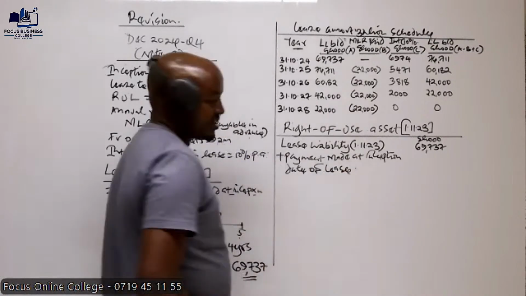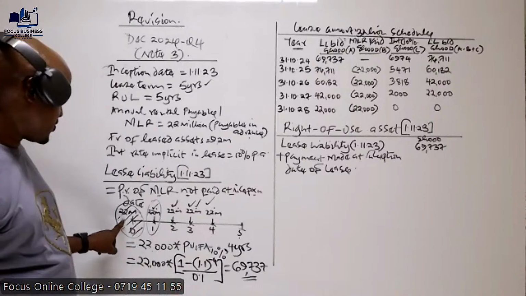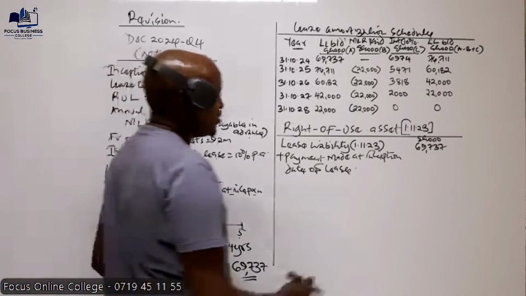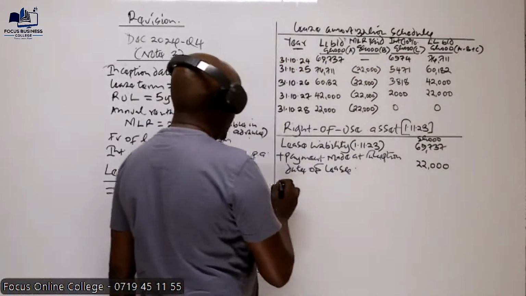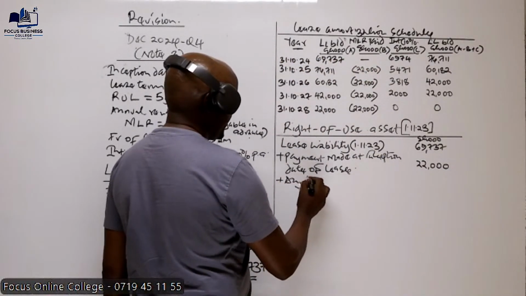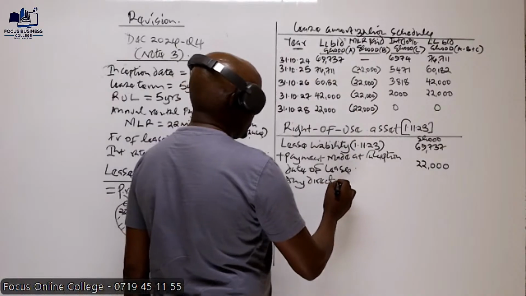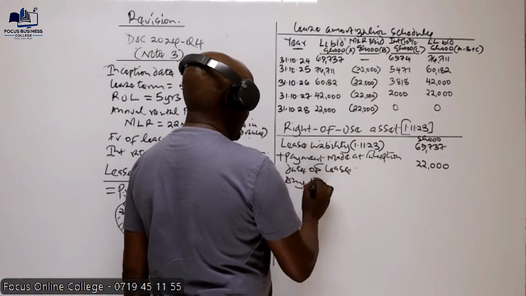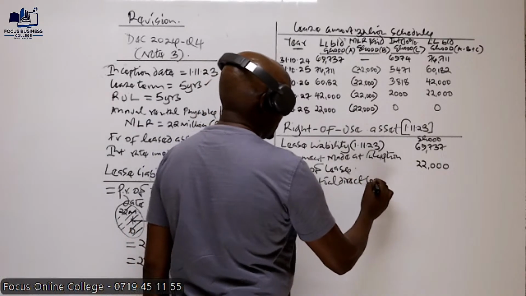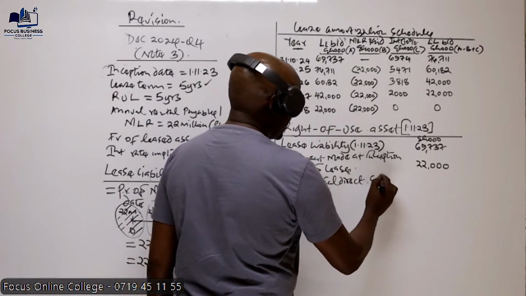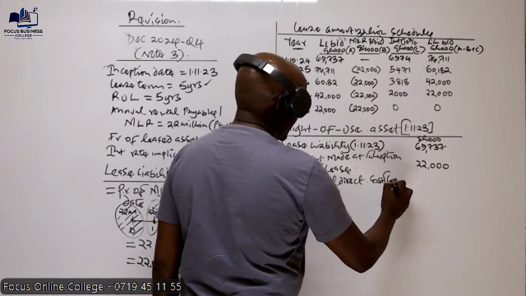And in this case, we know that at the inception date of the lease, there was an amount which was paid, 22 million or 22,000. And then to this, we add any initial direct cost. In most of the cases, this one will be given as a legal cost.